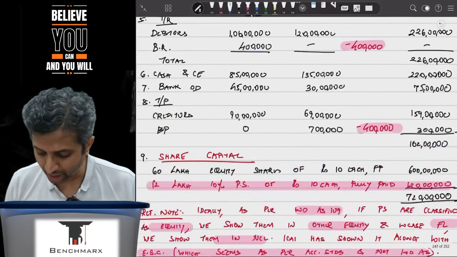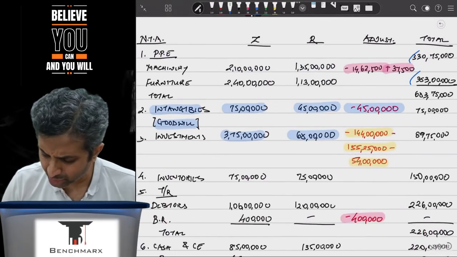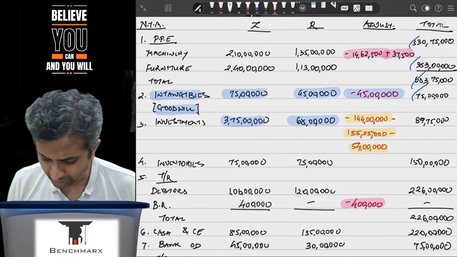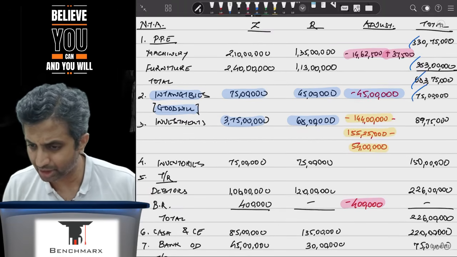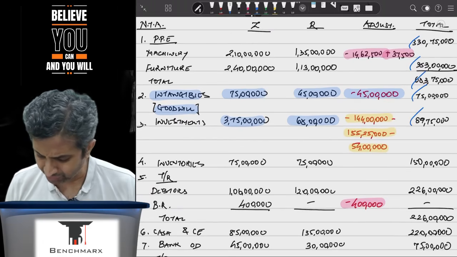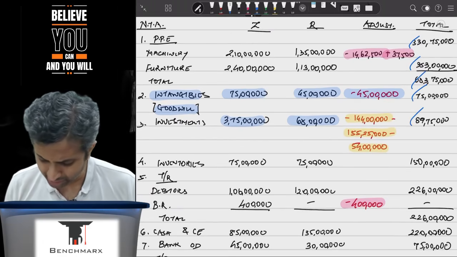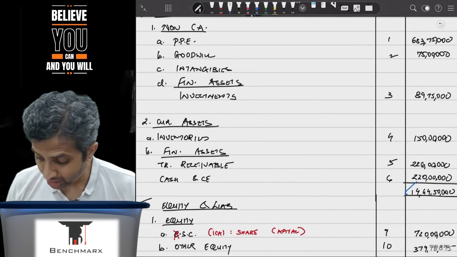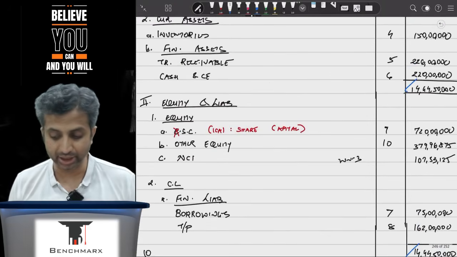So if you take all of these and then total these numbers, you'll get the total PP, investments, you'll remove the goodwill of the subsidiary, you'll have certain remaining investments, inventories, and you put all of these numbers and your balance sheet should hopefully tally.